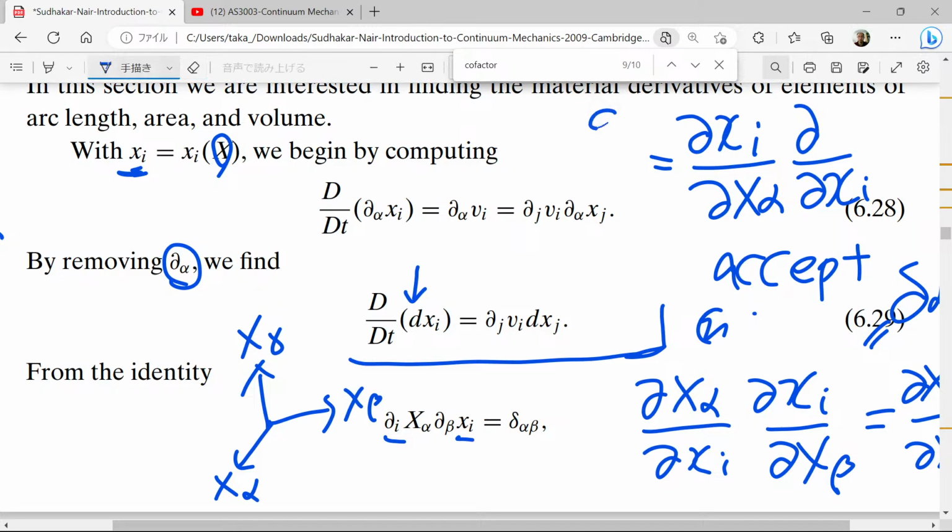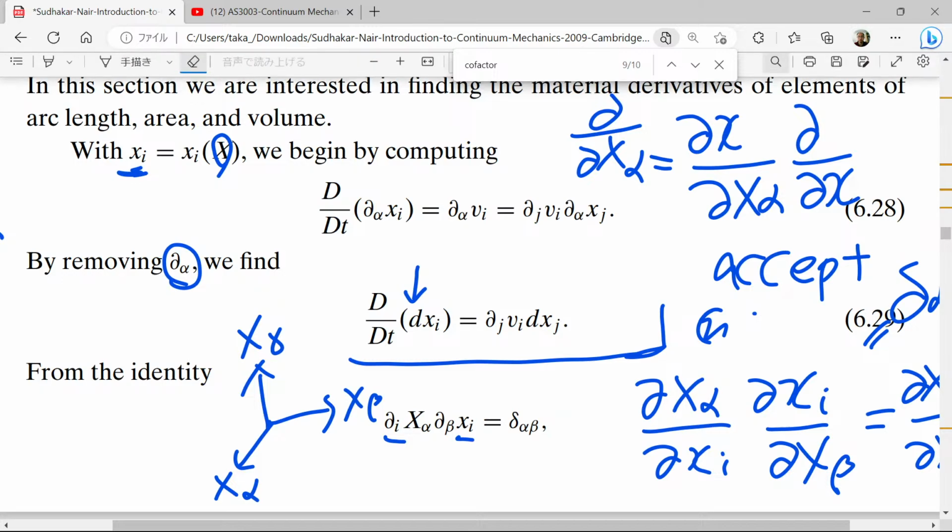This one, partial x alpha. So we have to replace this. So we use j instead of i.